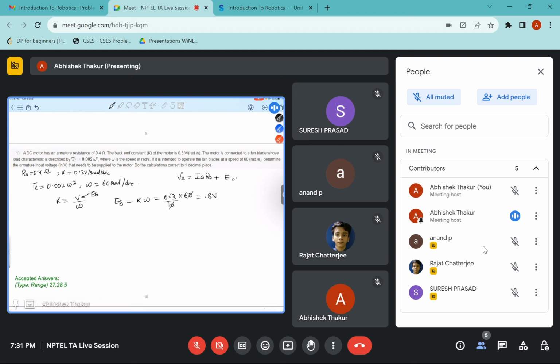Now we have to find IA. So IA is equal to TL divided by K. TL is 0.002 omega square, so omega is 60 into 60 here. After that, you can substitute the value of K, that is also given, 0.3.